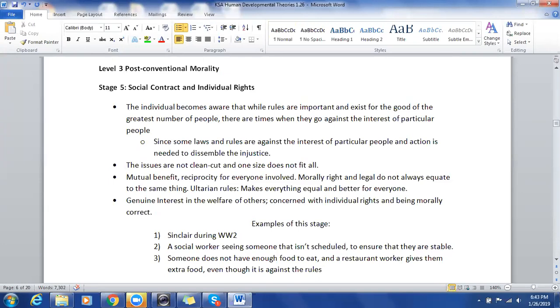So those that have heard about Schindler during World War II, but those that haven't, a brief synopsis of this: Schindler was a guy that owned a war supply factory. He started hiring Jewish people to help save them from concentration camps. Morally, he was like, we can't just let these people go into concentration camps and die.